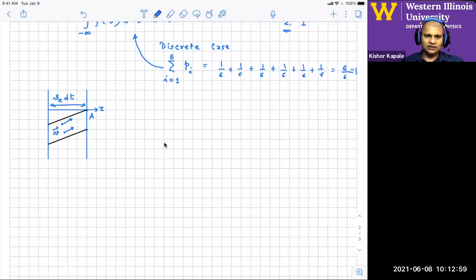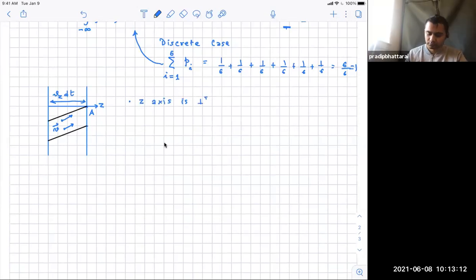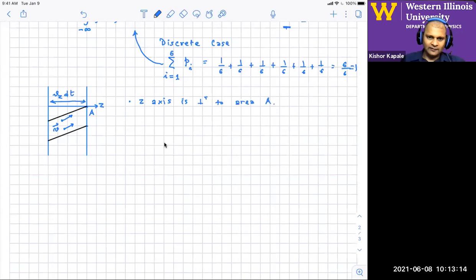So now, the z-axis is perpendicular to the area A. Let me write down some of the important elements here. The z-axis is perpendicular to area A, and the momentum transfer by the particle, or let's say it should be from the particle to the wall.